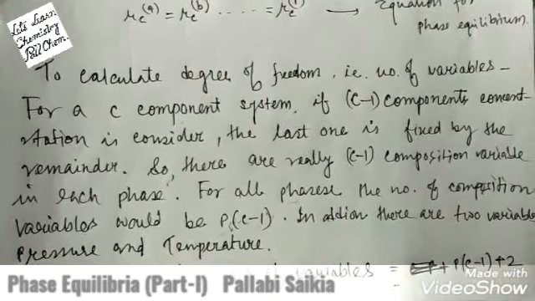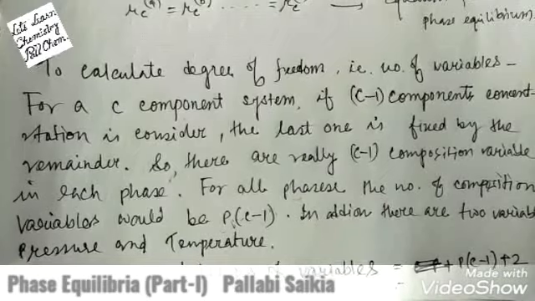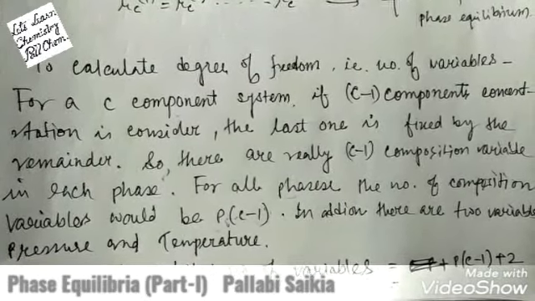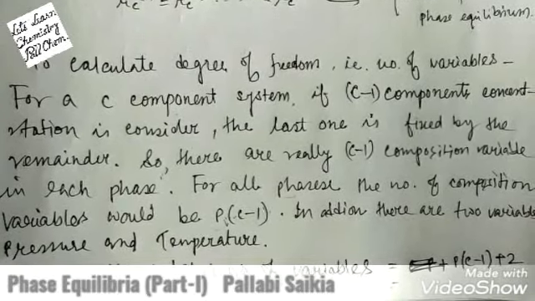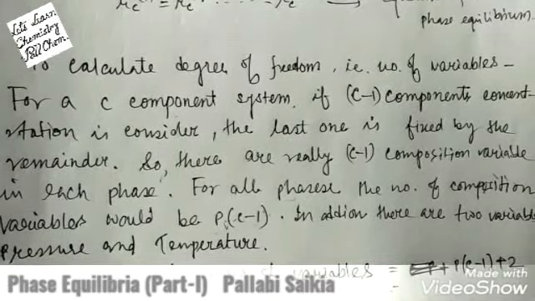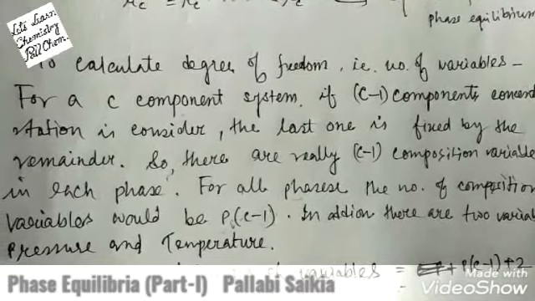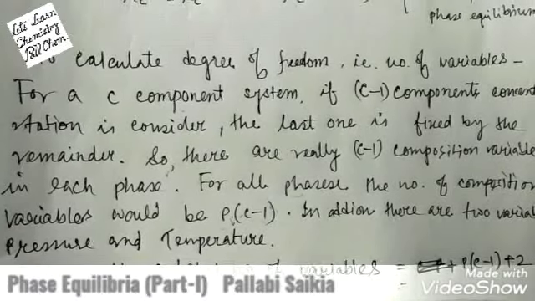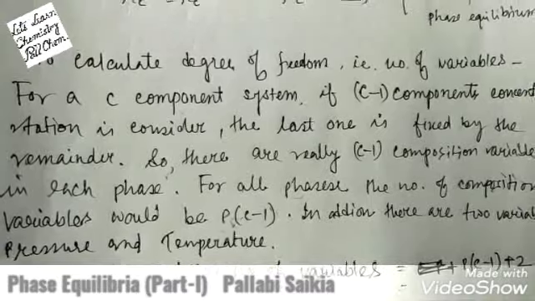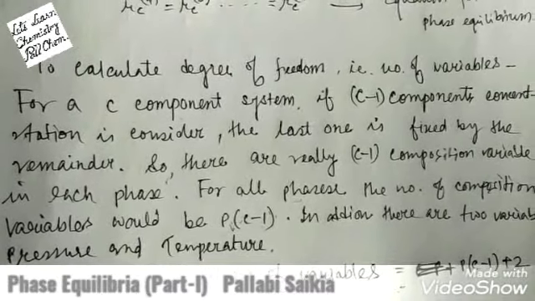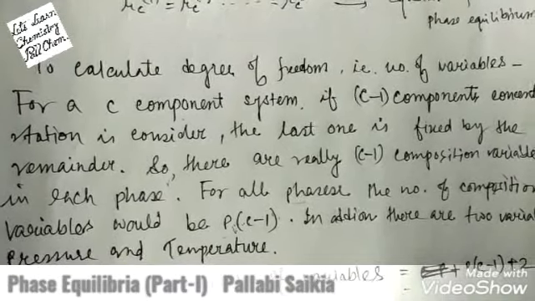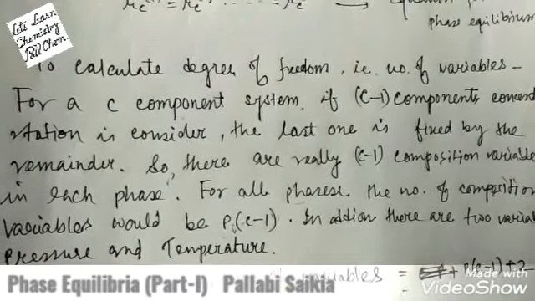Now, to calculate the degree of freedom, that means the number of variables, we need to calculate the total number of variables. Suppose for a C component system and for one phase, if one component is fixed, then the rest, C minus 1 components, will be variable. So that will be for one phase.